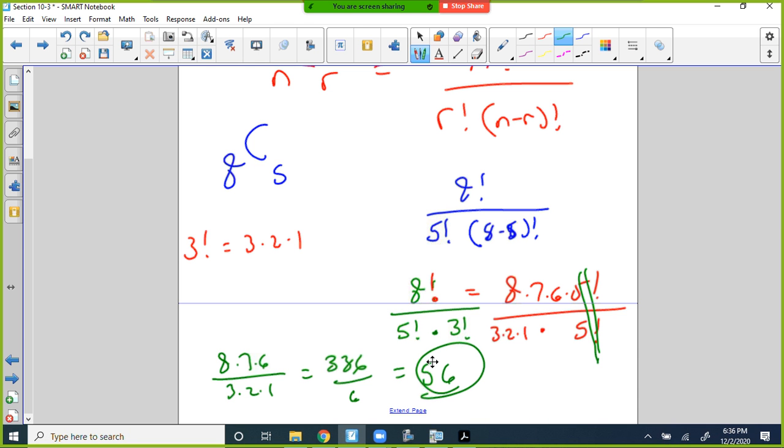There's going to be a problem on the final exactly like that, but it won't have n as 8 and 5 as r. It'll have different numbers, but this is how you work it.